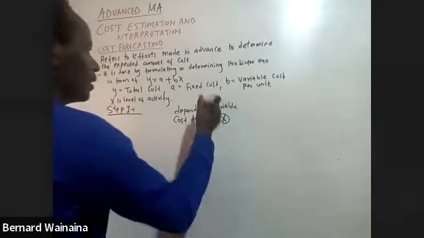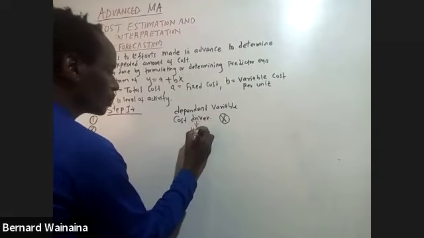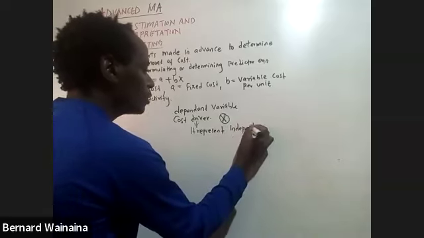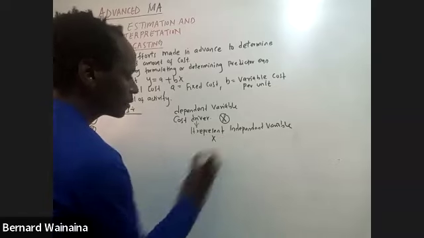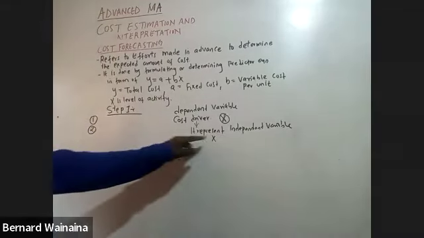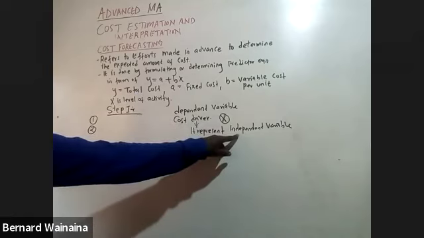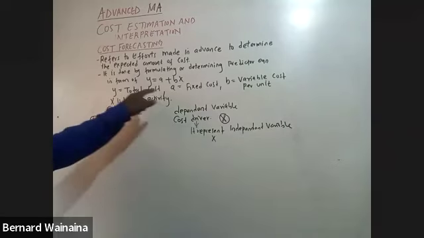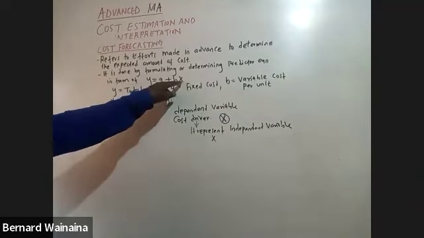It is represented by the independent variable, represented by letter X. So in step number 1, we identify the cost to be predicted, represented by Y, which is the dependent variable.